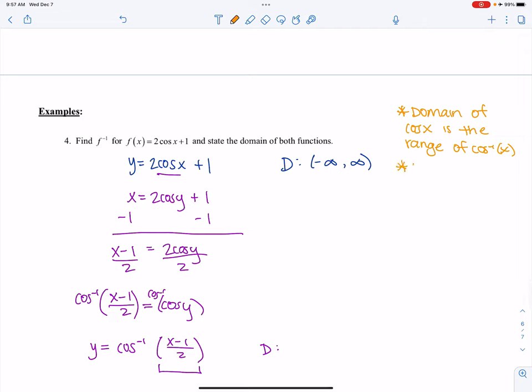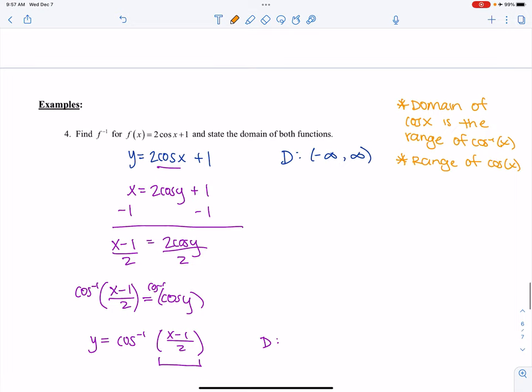And the range of cosine is the domain of cosine inverse. So what we know of our cosine, we can apply to our cosine inverse, which gives us tons of information, to be honest.